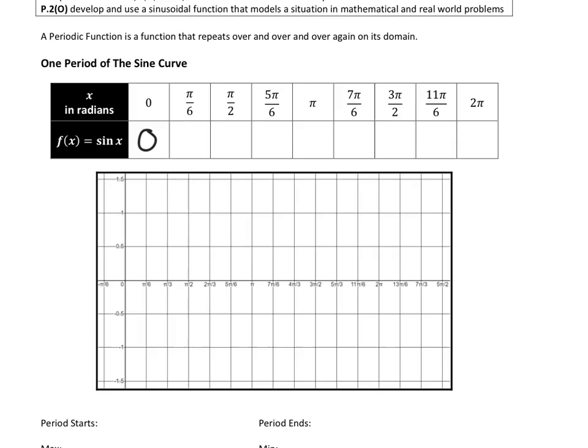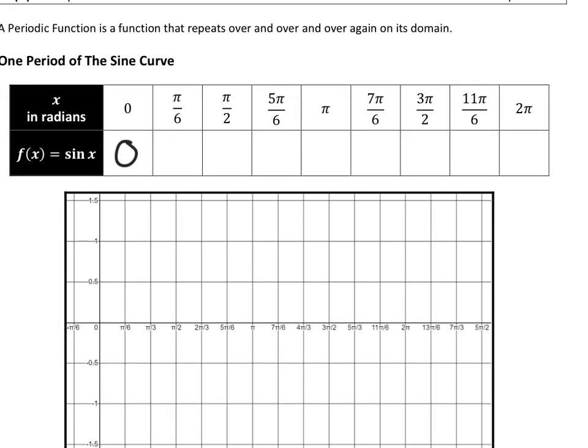Great. What is the second coordinate at pi over 6? 1/2. Jump all the way to pi over 2. What is the second coordinate there? 1. Move again to 5 pi over 6. It's kind of far. 1/2.